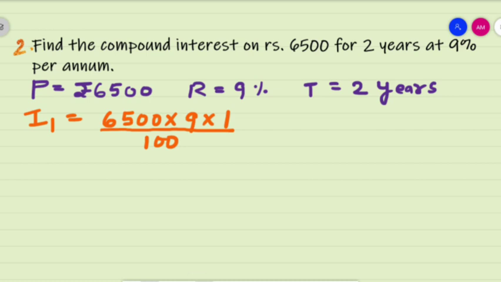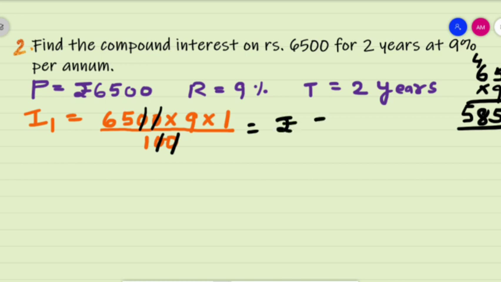The zeros cancel, and you will be left with 65 into 9. Let us calculate here so that no mistakes come out. 9 5s are 45, 4 carry, 9 6s are 54 and 4 is 58. So after the first year, the man is going to get interest as 585.